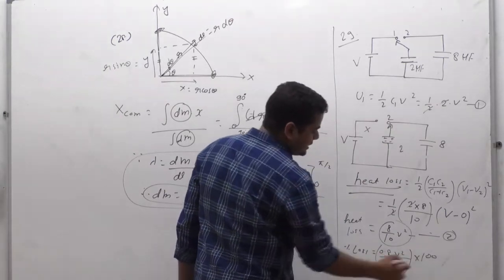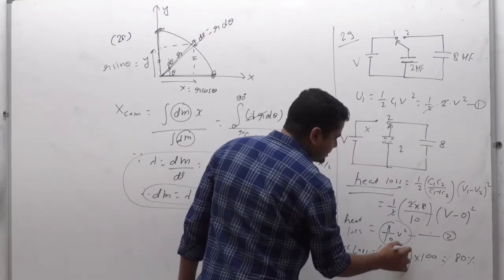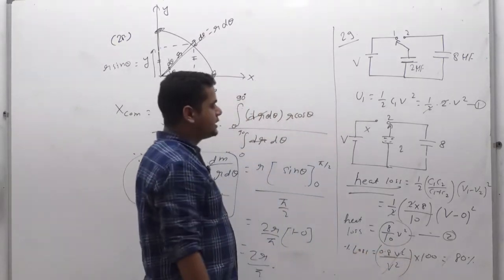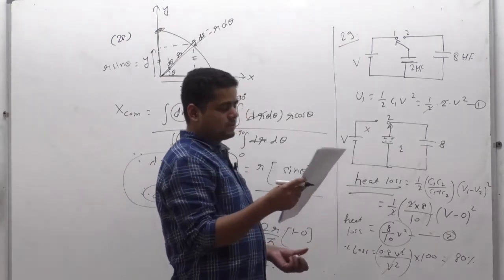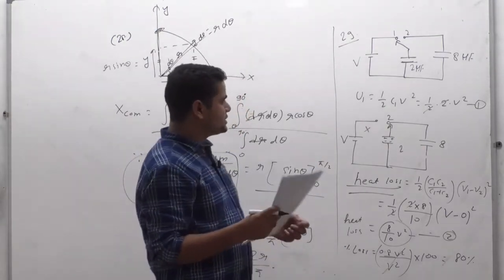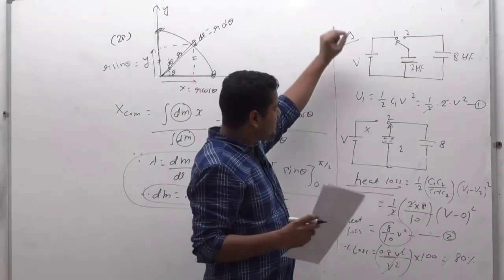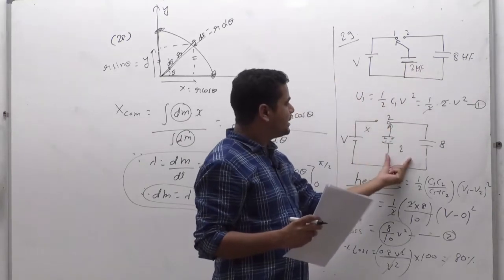So this will be the answer, which is coming out to be 80%, because V square will cancel, 0.8 into 100 will be equal to 80%. So the option which is matching is option D. The logic behind this question is that initially it is charged, the other is uncharged, and they are combined.